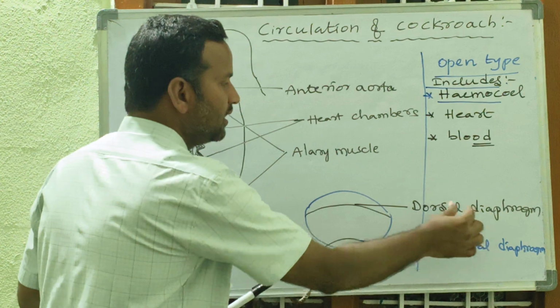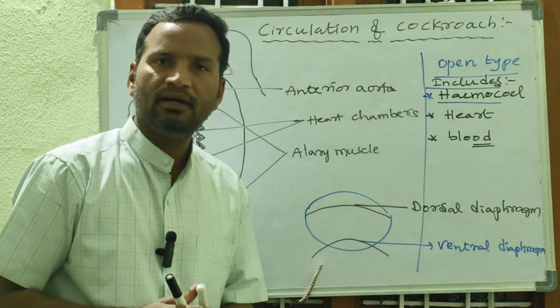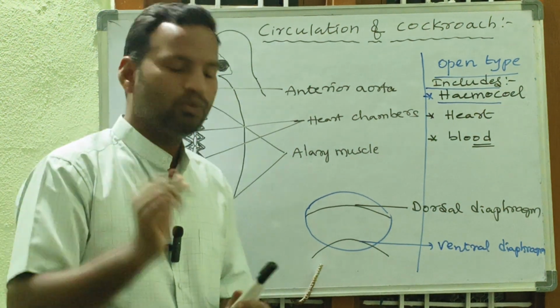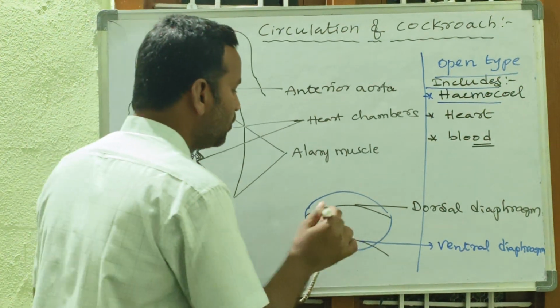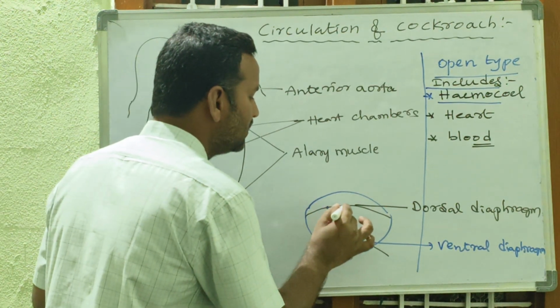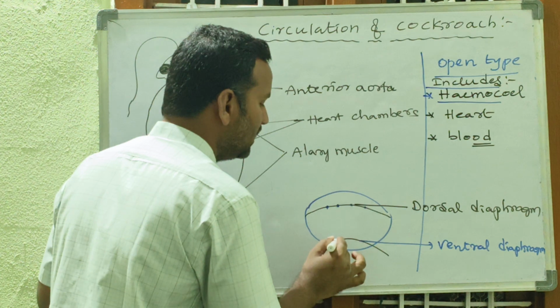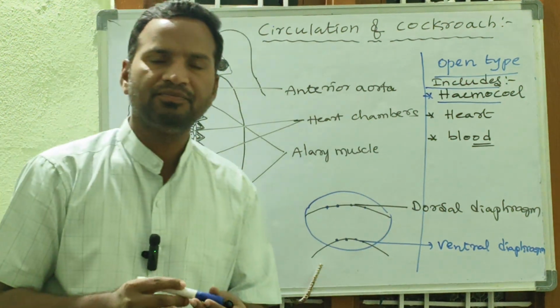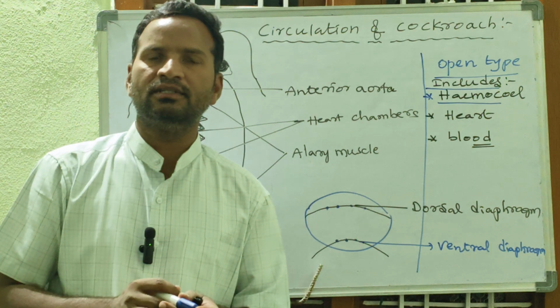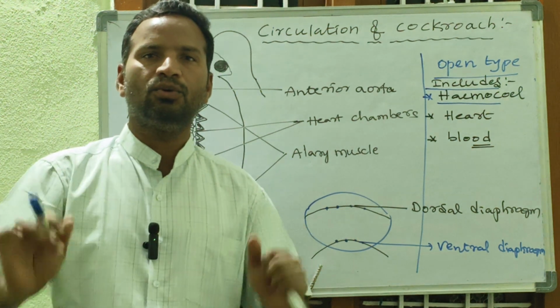One more point: the dorsal diaphragm and ventral diaphragm have valvular pores. Valvular pores mean small pores present on the dorsal diaphragm as well as on the ventral diaphragm. That is why they are said to possess valvular pores.